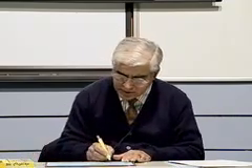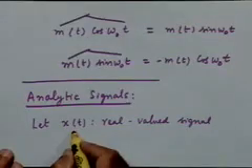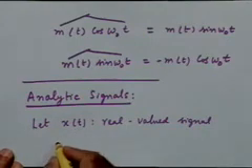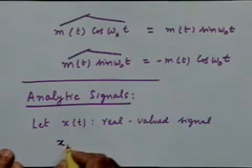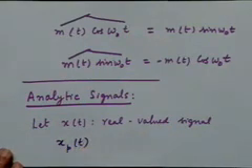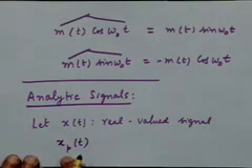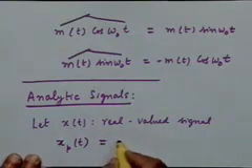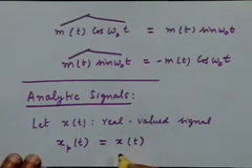So for a real valued signal x of t, we introduce its complex analytic representation as x sub p of t. We will soon come to why we have used the subscript p in a few minutes. Its real part is x of t.